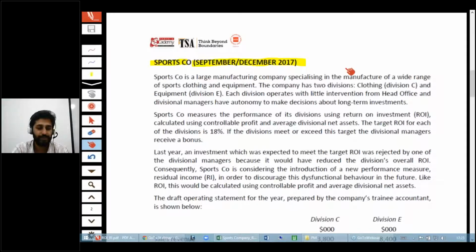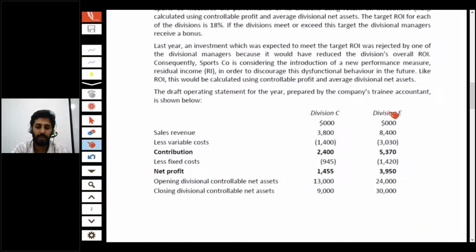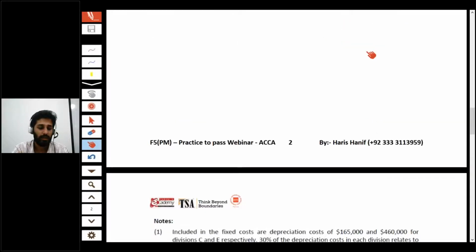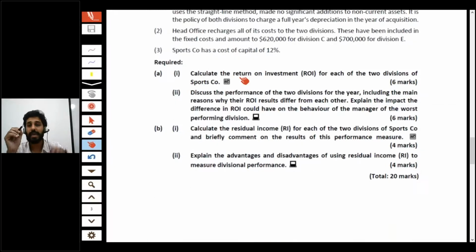Here it is written that this is division C and division E. Part A, part 1, calculate.